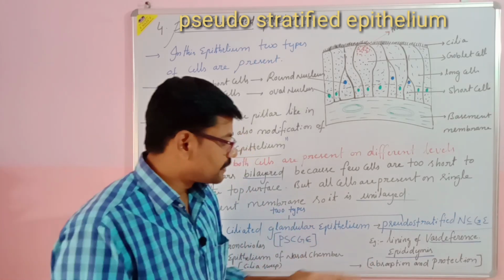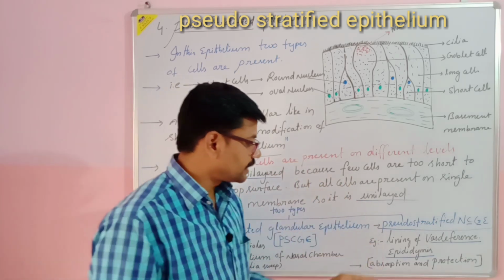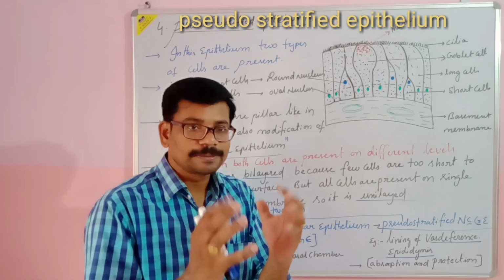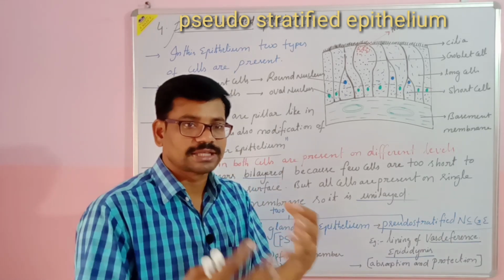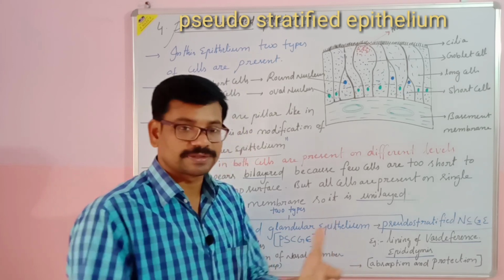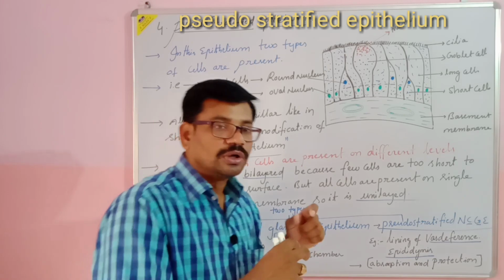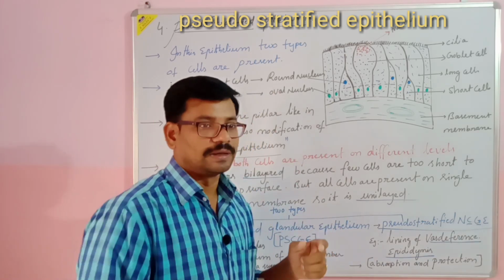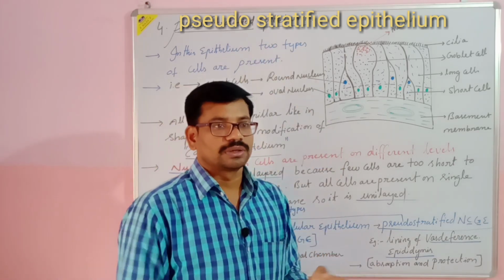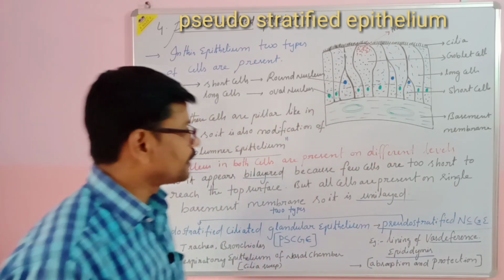In the meantime, stereocilia are also present. The stereocilia help in maximum absorption of substances. This absorption of substances helps to move the sperms from the testis through the tract, right? That is the pseudostratified epithelium.